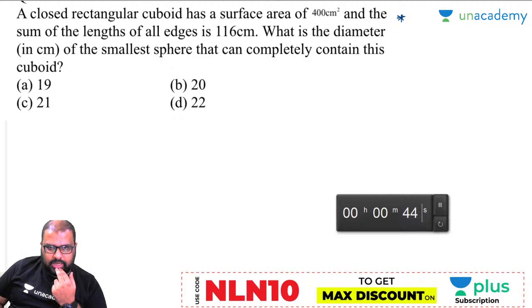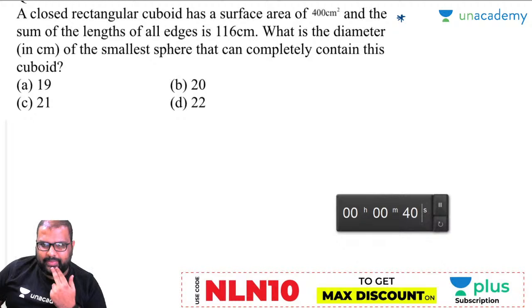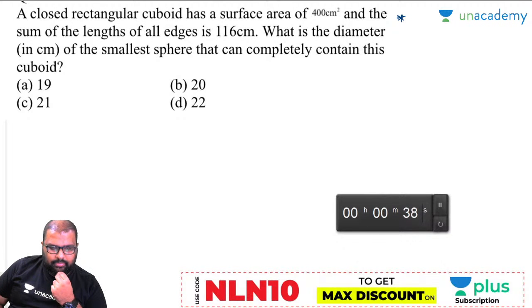A closed rectangular cuboid has a surface area of 400 centimeters square and the sum of the lengths of all edges is 116 centimeters.